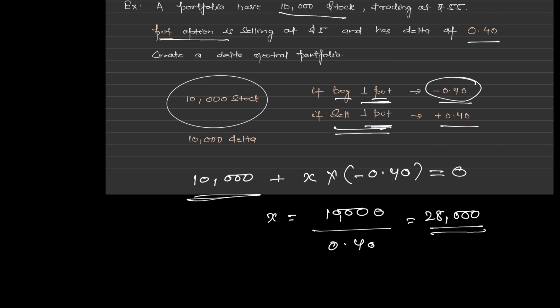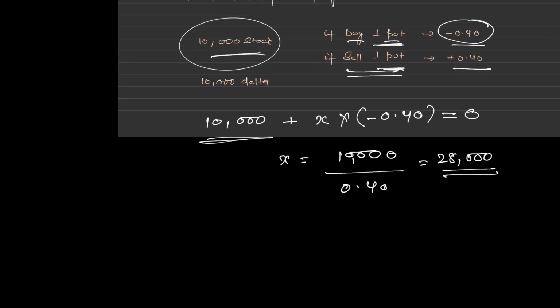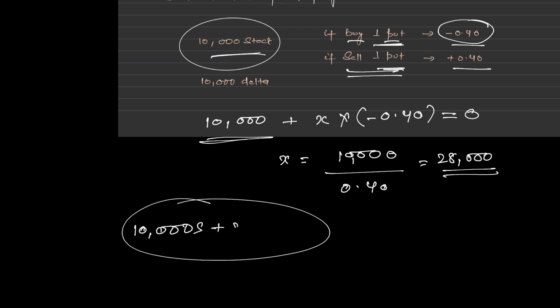I have to buy 25,000 puts in this portfolio to make it delta neutral. So if I have 10,000 stock and buy 25,000 puts, then the delta of the portfolio is equal to 0.